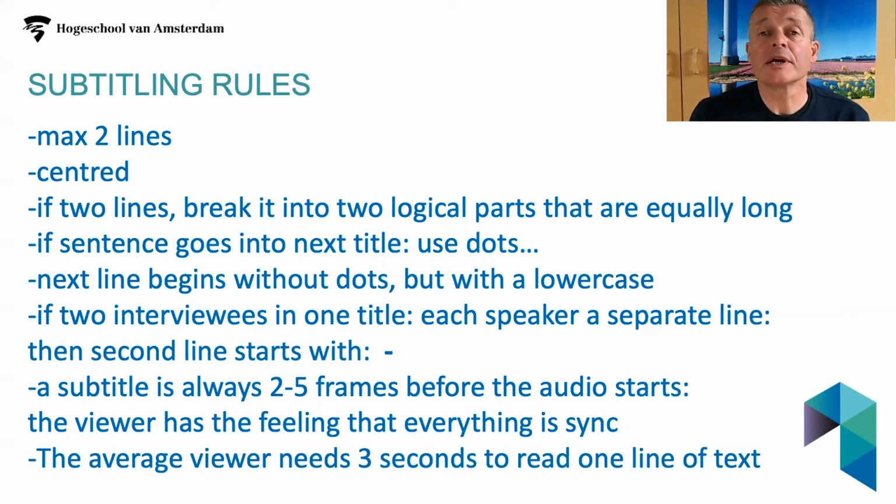If a subtitling is too long, break it down into 2 logical pieces, please, that are equal in length. If the sentence continues in the next line, use 3 dots, and the next line you begin without dots. Sometimes you've got 2 speakers in just one subtitling or in just one quote.